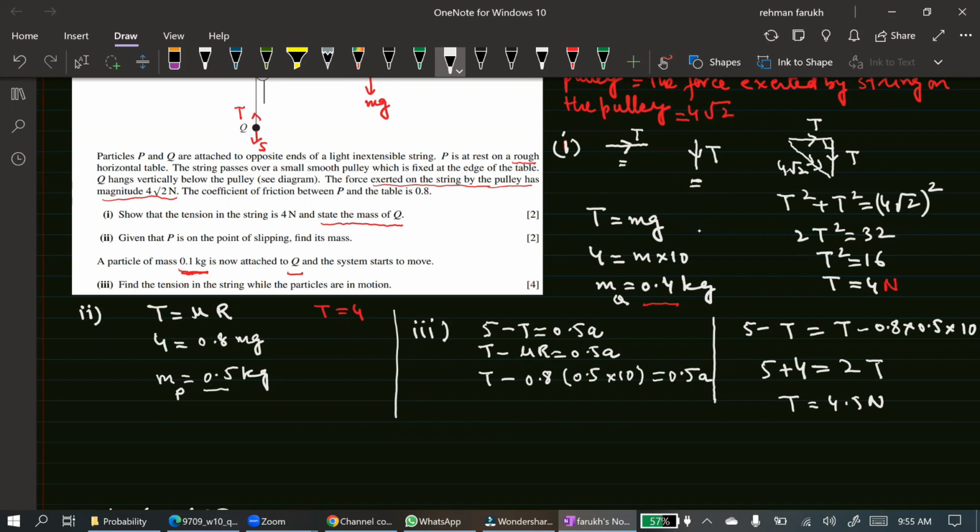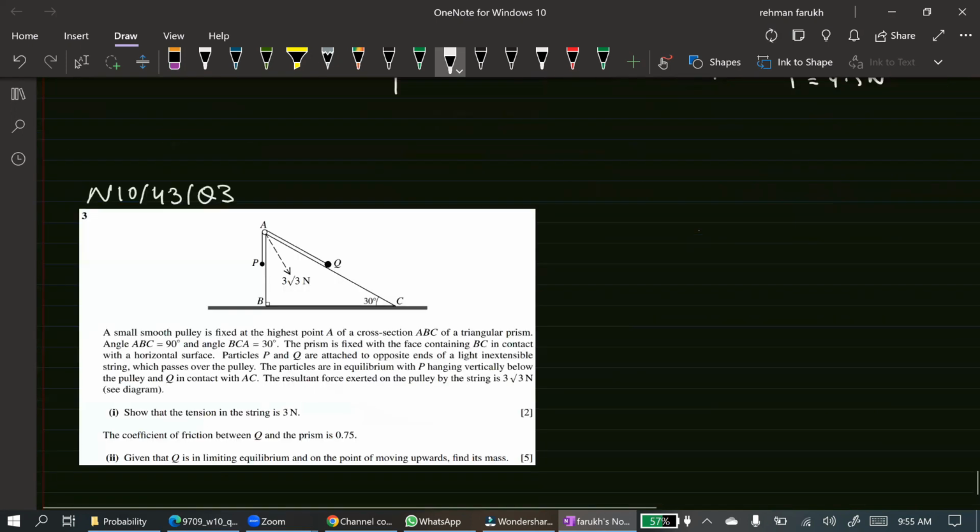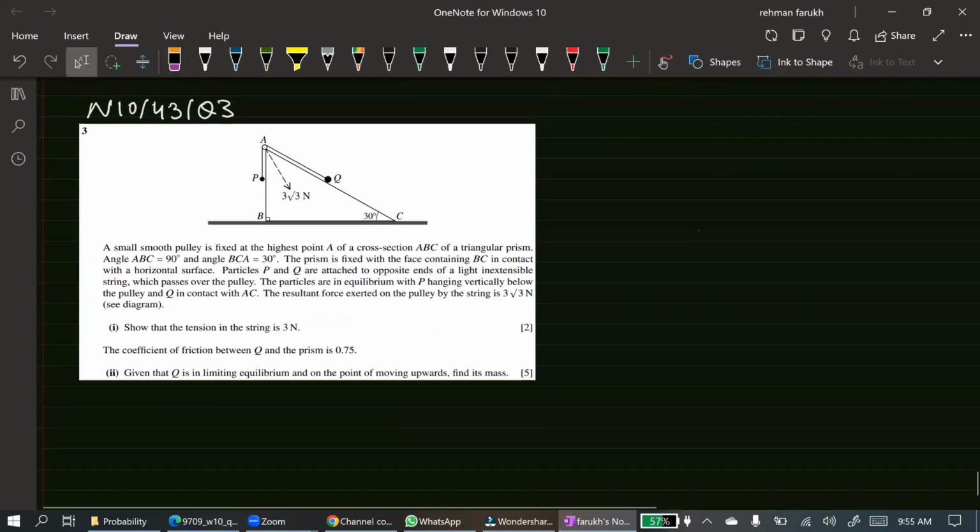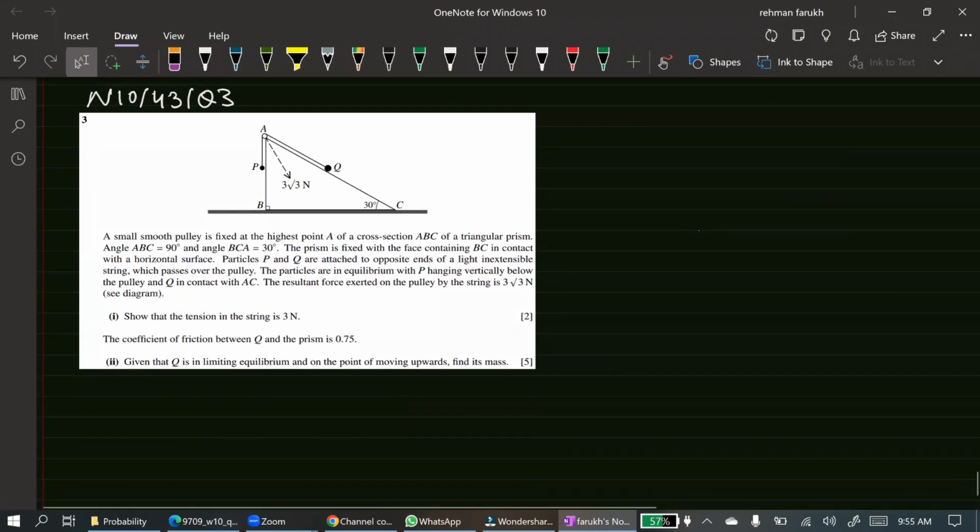Now we will attempt a question from November 10, 4th paper 4-3, question number 3. This question is of the same type as we have attempted earlier.